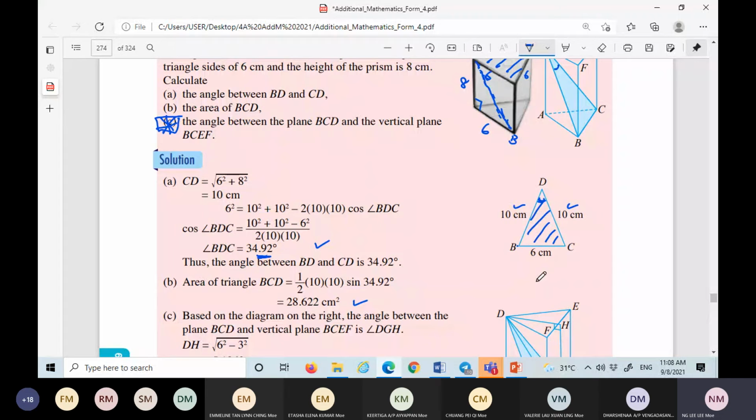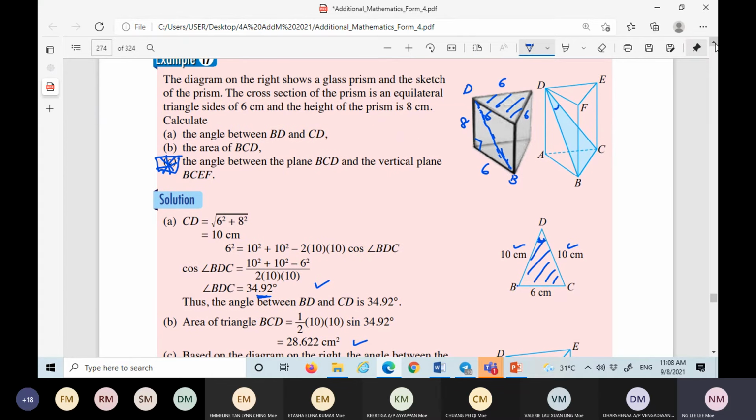Now we come to part C. You see the angle between the plane BCD and the vertical plane BCEF. They didn't tell you which angle. So you have to use the knowledge I taught you just now to identify which angle first before you calculate it. Let us see, BCD is this one, the slanting one.